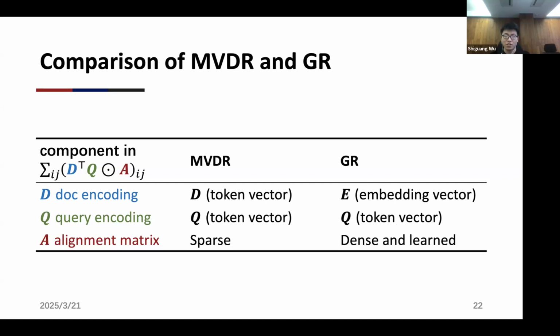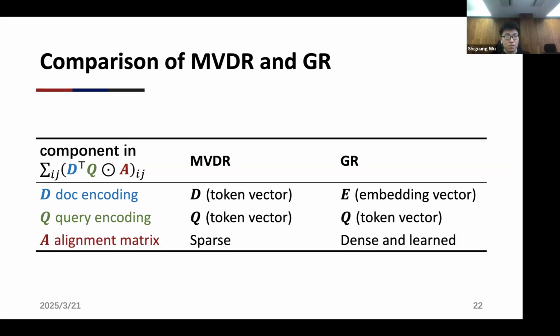But GR directly uses the embedding vector, which does not contain any contextual information, so it's much simpler. We can think about the cross encoder, which we talked about at the very beginning. It also uses a very raw form of the document, just the text form, as input. So from this perspective, GR, ColBERT and the cross encoder model are quite similar.